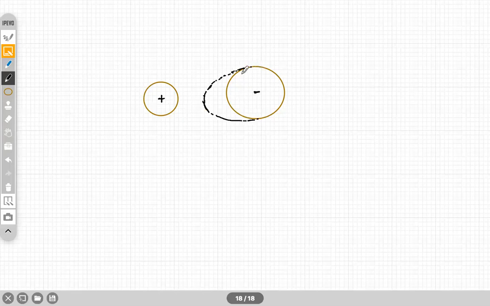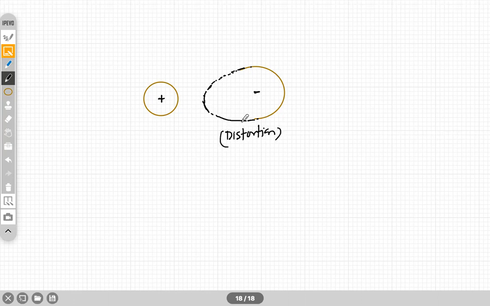This electron cloud, which was spherical initially, now changes shape like this. This change in shape is the distortion of the electron cloud, correct? So this is the distorted anion. The phenomenon is distortion, or the electron cloud is a distorted electron cloud.